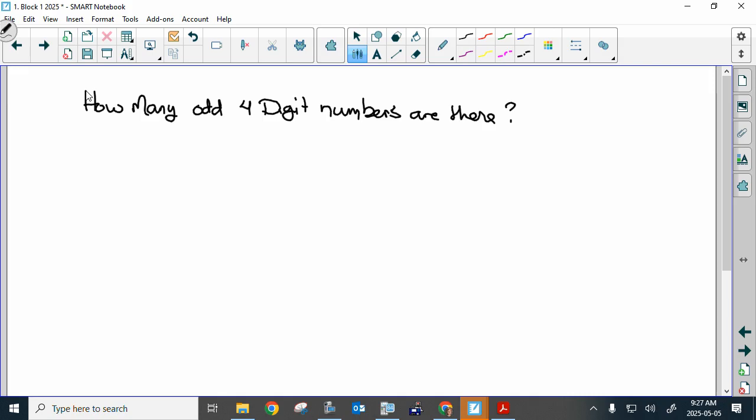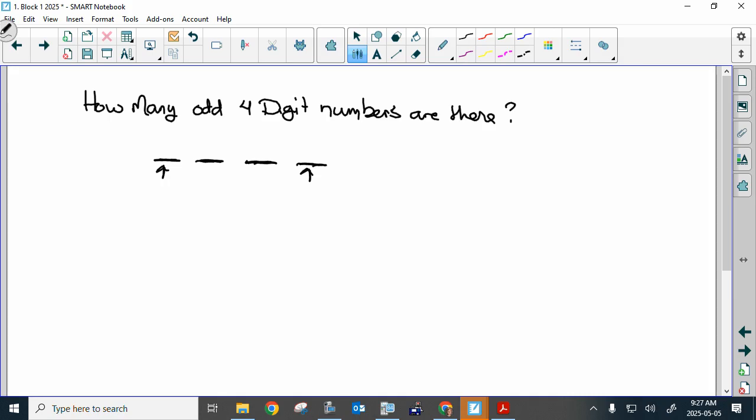How many dashes should I draw? 4. Okay. So 1, 2, 3, 4. What number should go on top of this dash? So there's so many details here that we have to attend to.